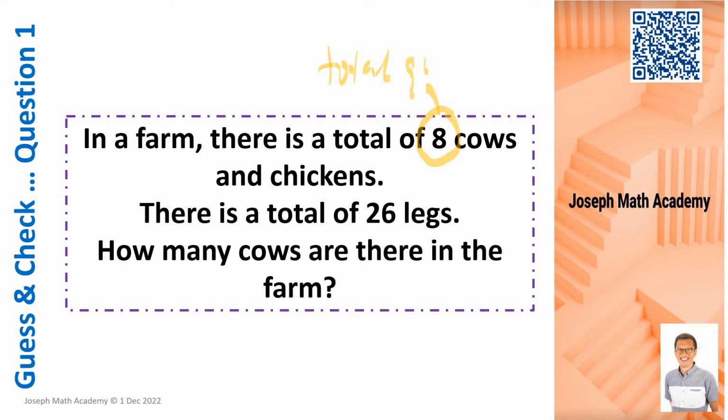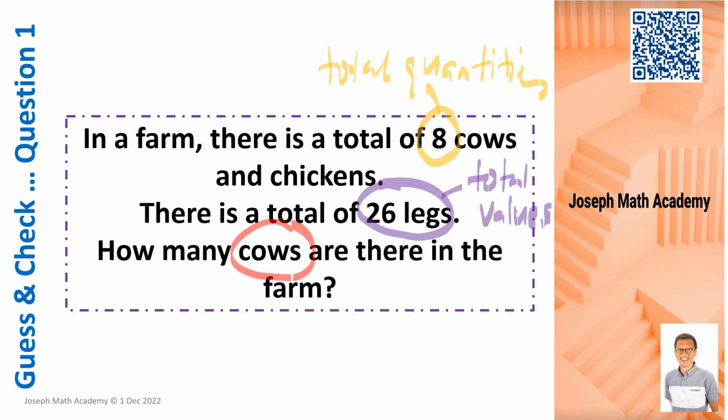Allow me to write this first. There is a total of 26 legs. So this will be the total values. And what are we finding? We are asked to find the number of cows.